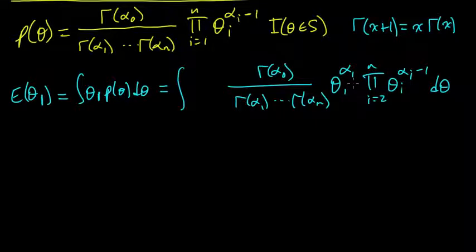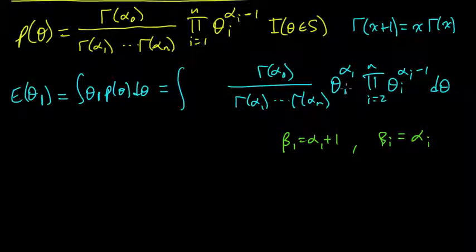Now my plan here is to make this look like a Dirichlet distribution, but with a new alpha. Let's say beta, with beta 1 equal to alpha 1 plus 1, and all the others, beta i, are just alpha i. And so that will look like this part.